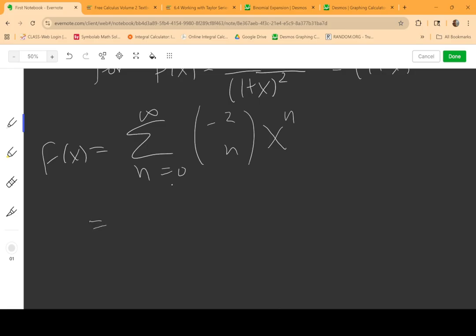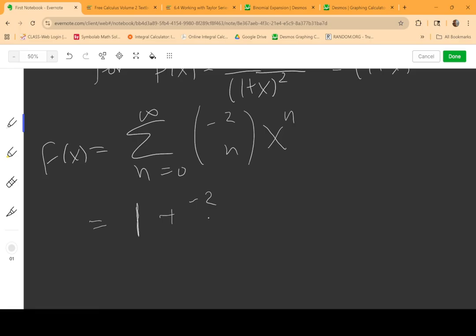So when n is 0, x to the 0 is 1, and negative 2 choose 0 is going to be 1 as well. Whatever that value r is, if the n is 0, that number will always be 1. So we move on to when n is 1.